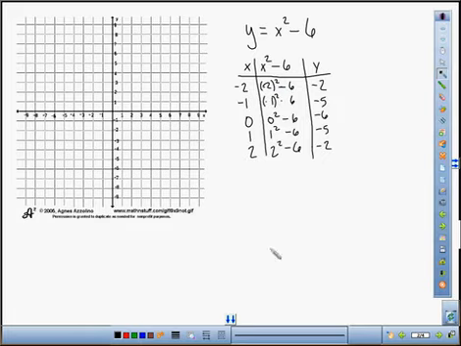Alright, one of the things that you're going to notice right away with quadratics, and the absolute value case, is that they start repeating themselves. Negative 2, negative 5, negative 6, negative 5, negative 2: 2 negative 5s, 2 negative 2s. This goes into that they're symmetrical. If you notice, we had a U. It was the same on both sides.